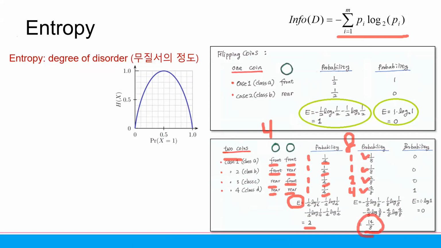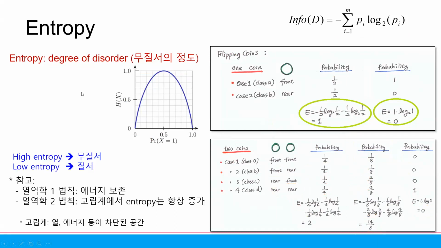But if among 8 times it is 0, 0, 0, and this one is 8 times, then we will get the entropy value 0. So if it is 0, then it will be only in one class, only one occurrence for the class.